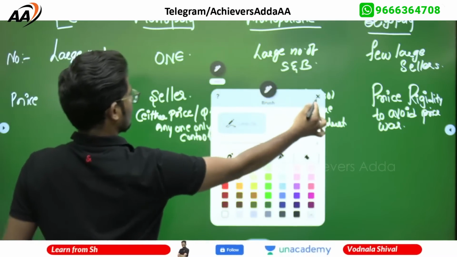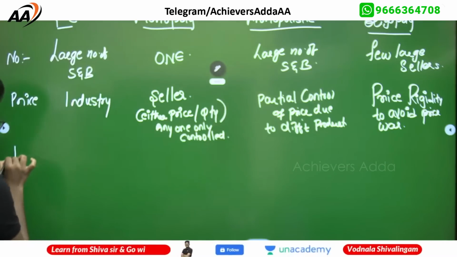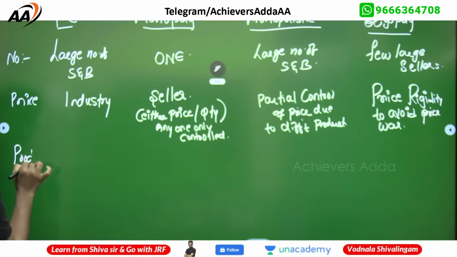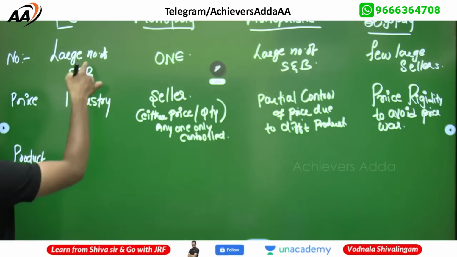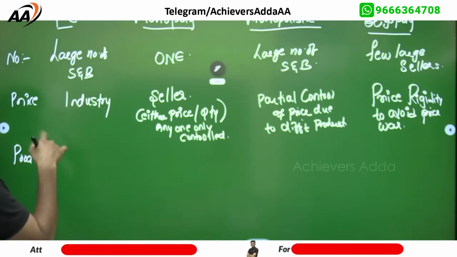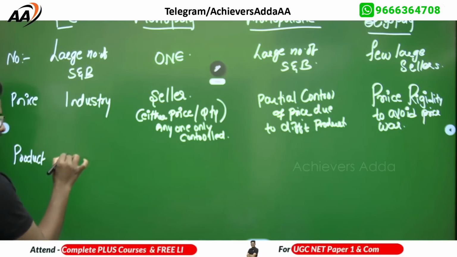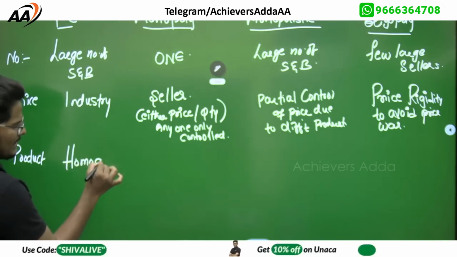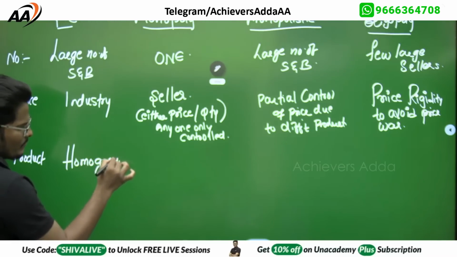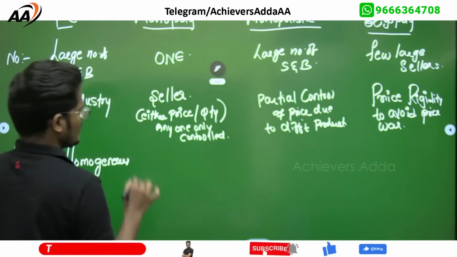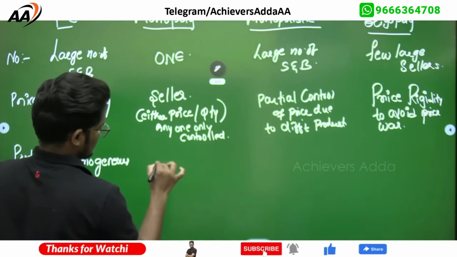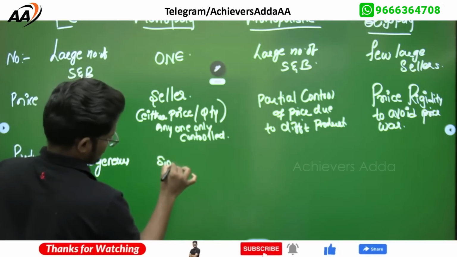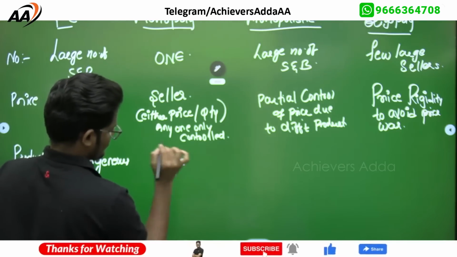Now product. Here a large number of sellers and buyers, and the industry will decide the price. Homogeneous product, similar, the same product by all. Here a single product, that is why he is a monopoly.